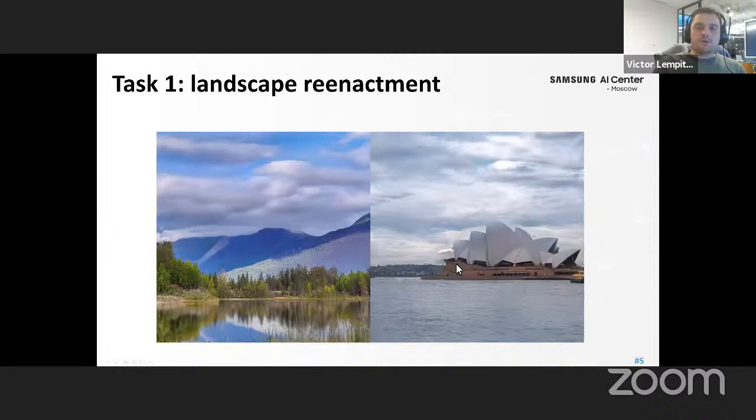So let me start with the problem, the landscape reenactment problem. This is an inverse problem in the following sense. We assume that there exists a video of a landscape undergoing a dynamic change, and we're given a single time slice of that change, a single image, and we want to recover the full video.